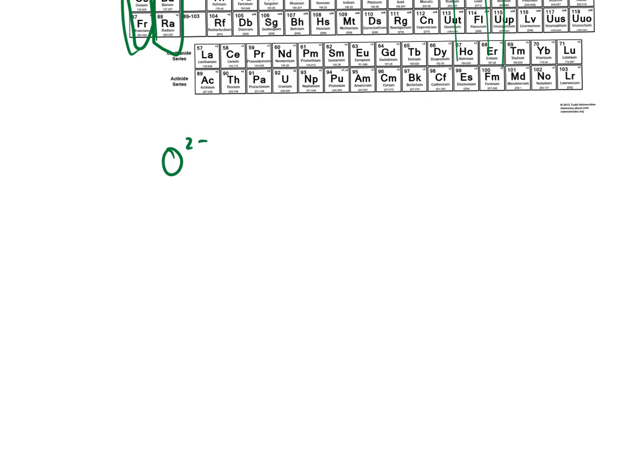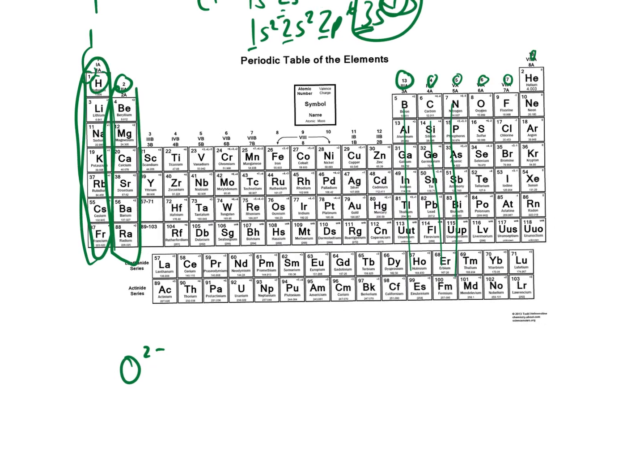Okay, so if we look at the periodic table, it has 6 valence electrons, and how many do all of the elements want to have? 8. They want just the same amount as the nearest what? Noble gas. Perfect, the nearest noble gas.